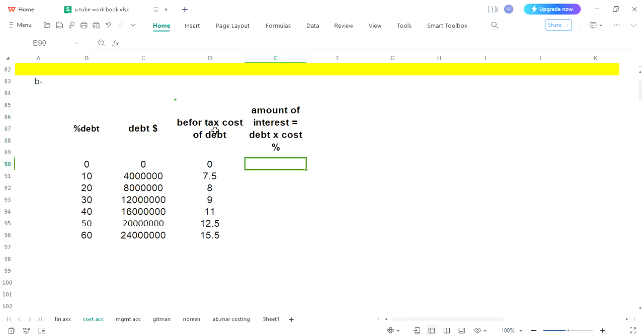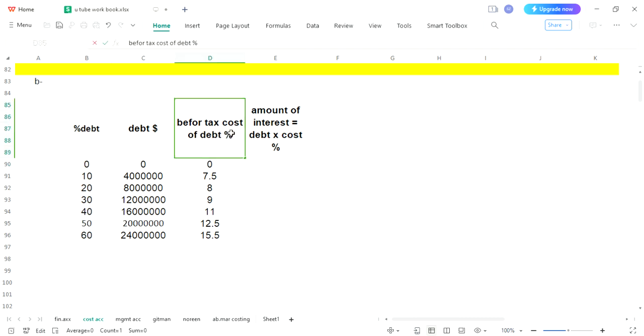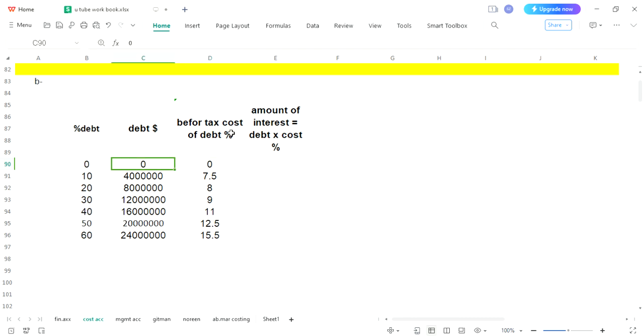Before tax cost of debt percentage is mentioned here, and debt is present over here. So simply we will be calculating this percentage on debt. Since first percentage is 0, so cost of debt would remain 0.